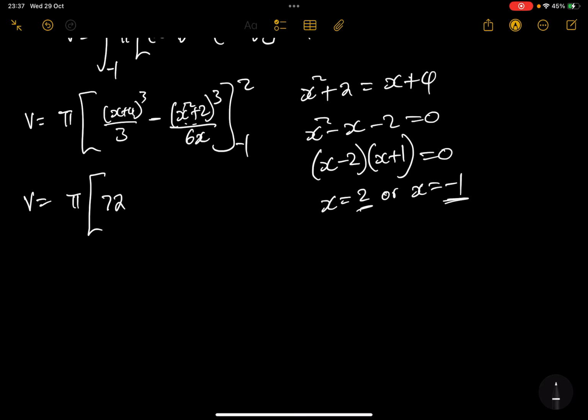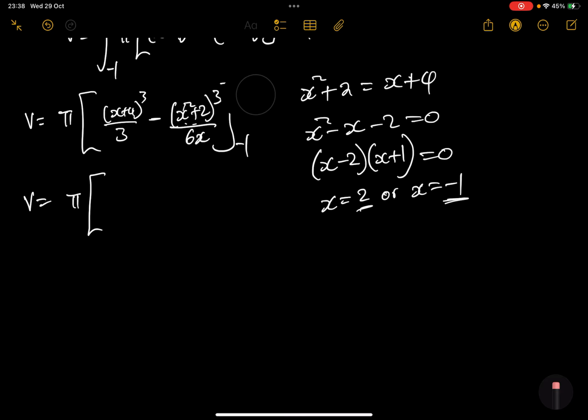So 72 minus, we are going to have 2 squared plus 2, that is 4 plus 2, cubed over 6 times 2. So 72 minus 18.